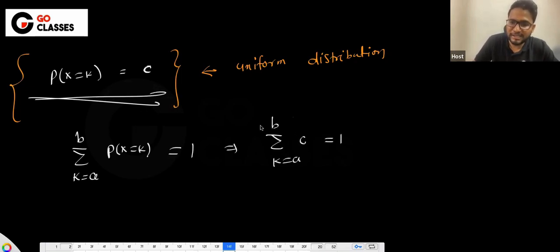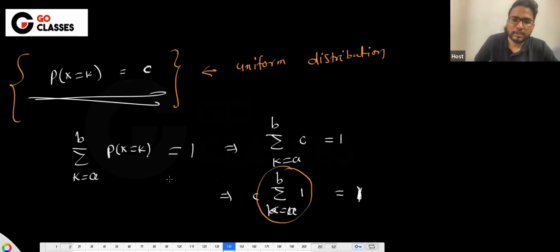You can take c outside, and then the summation of just 1 inside. Since there is no k term, they are basically adding 1 how many times? b minus a plus 1 times.